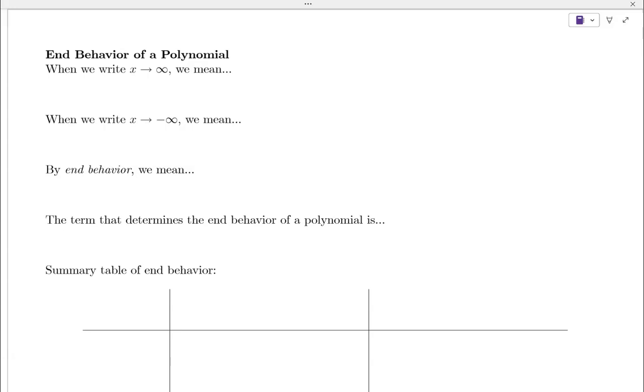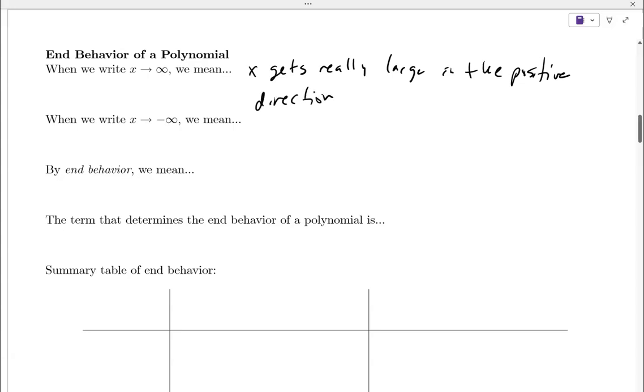So let's write down what these symbols mean. When we write x, right arrow, infinity, we read this as x goes to infinity. What we mean is that x gets really large in the positive direction. What do you think the next symbol means in the second line?